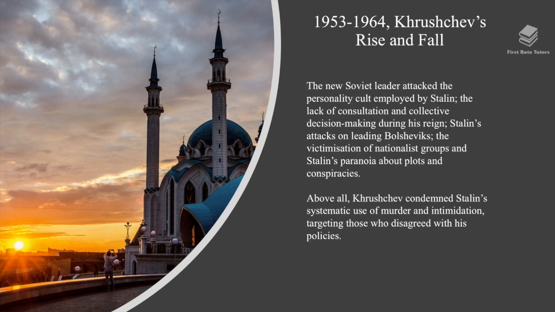The new Soviet leader attacked the personality cult employed by Stalin and the lack of consultation and collective decision-making during his reign, Stalin's attack on leading Bolsheviks, the victimization of nationalist groups, and Stalin's paranoia about plots and conspiracies. Above all, Khrushchev condemned Stalin's systematic use of murder and intimidation, targeting those who disagreed with his policies.